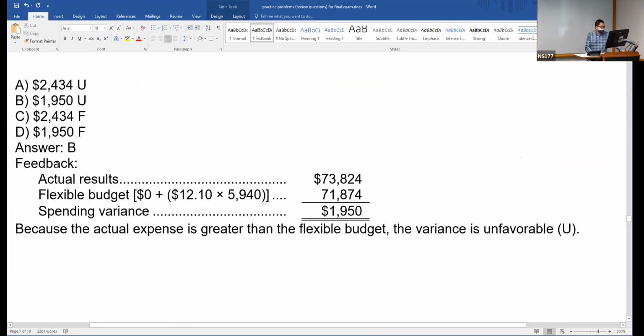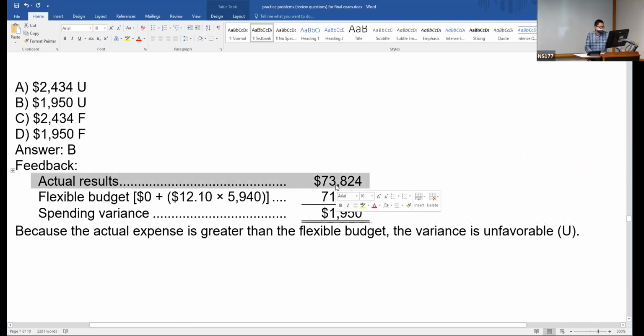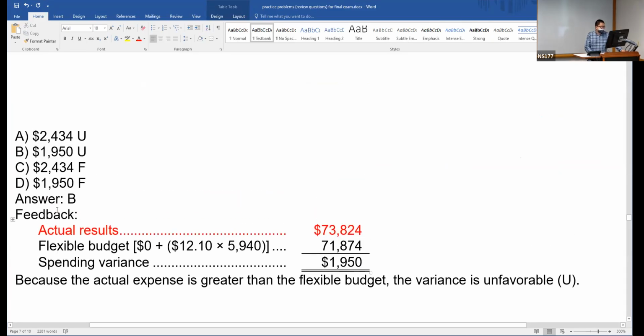We can do it here, right? So the actual result, this number is given in the question. And then to calculate the developed material expenses in the flexible budget, we just use the same function, but plug in the actual quantity.